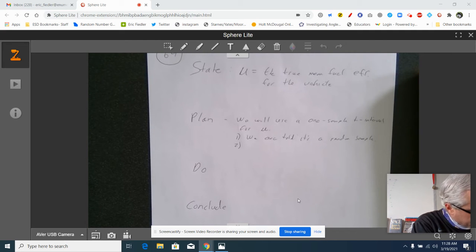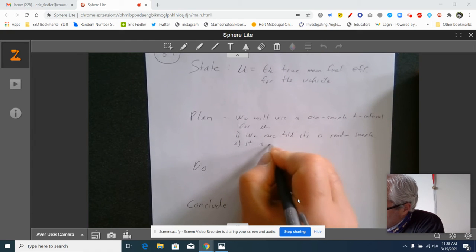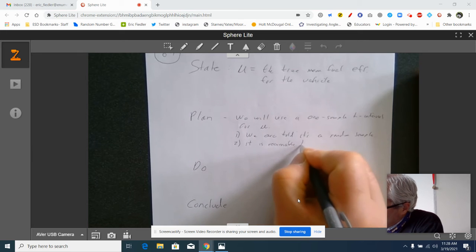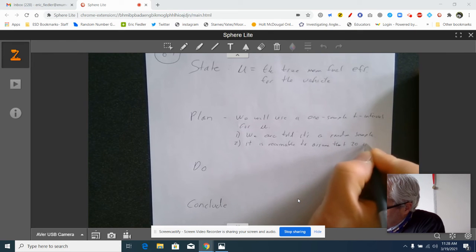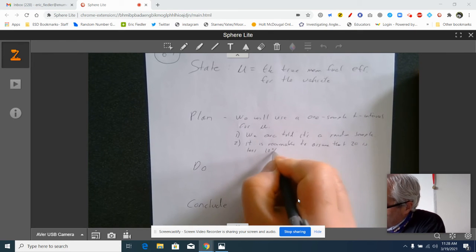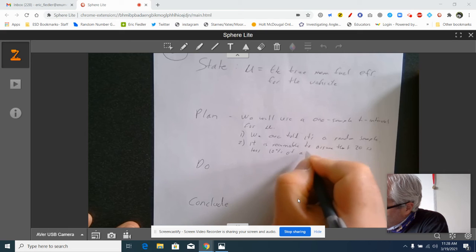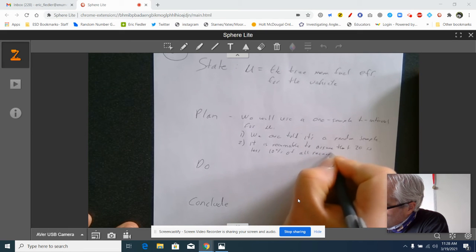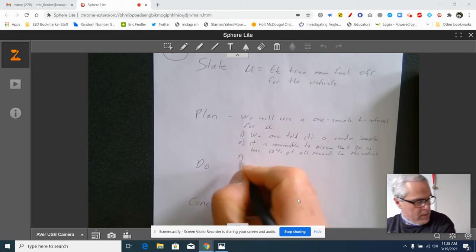I think it's reasonable to assume that 20 is less than 10% of all records for this vehicle.